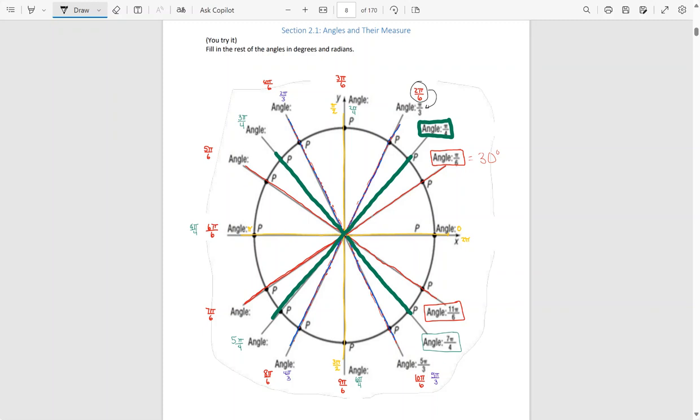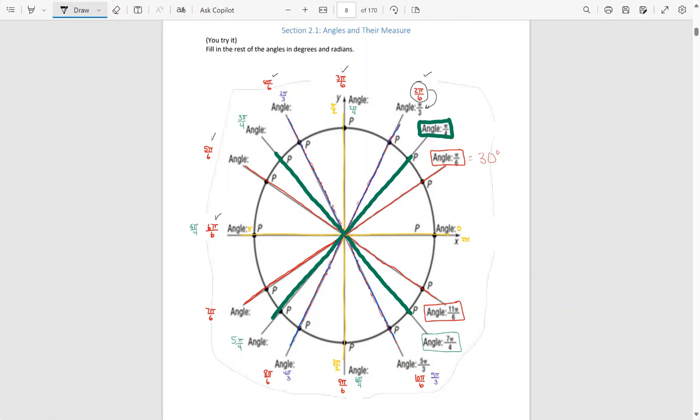I'm not going to worry about reducing just yet. I'm just going to go around and count by pi's over 6s. So 1 pi over 6, 2 pi over 6, 3 pi over 6. And again, the outside rays, 4 pi over 6, 5 pi over 6, 6 pi over 6.